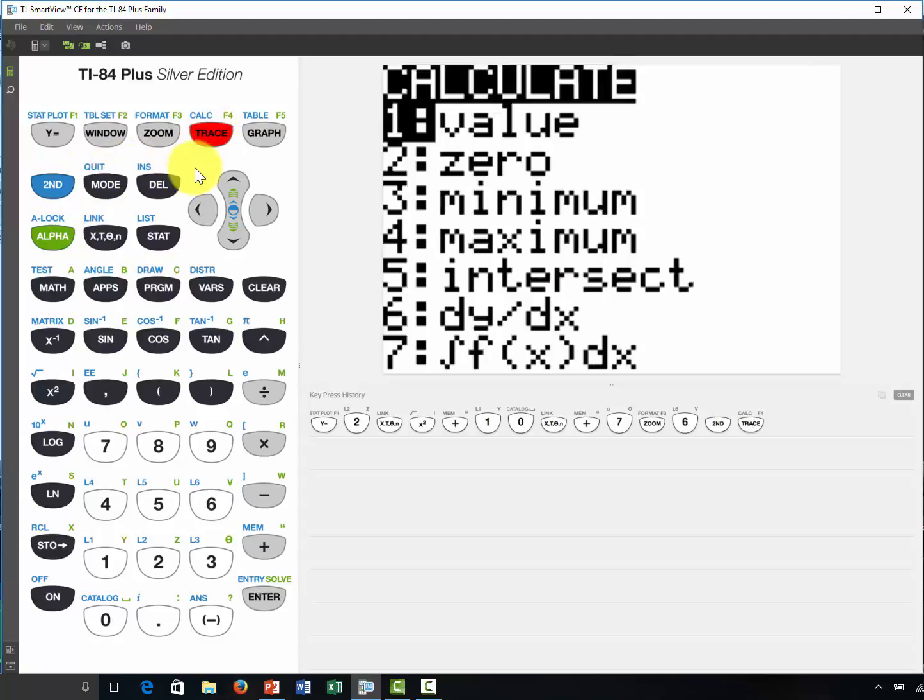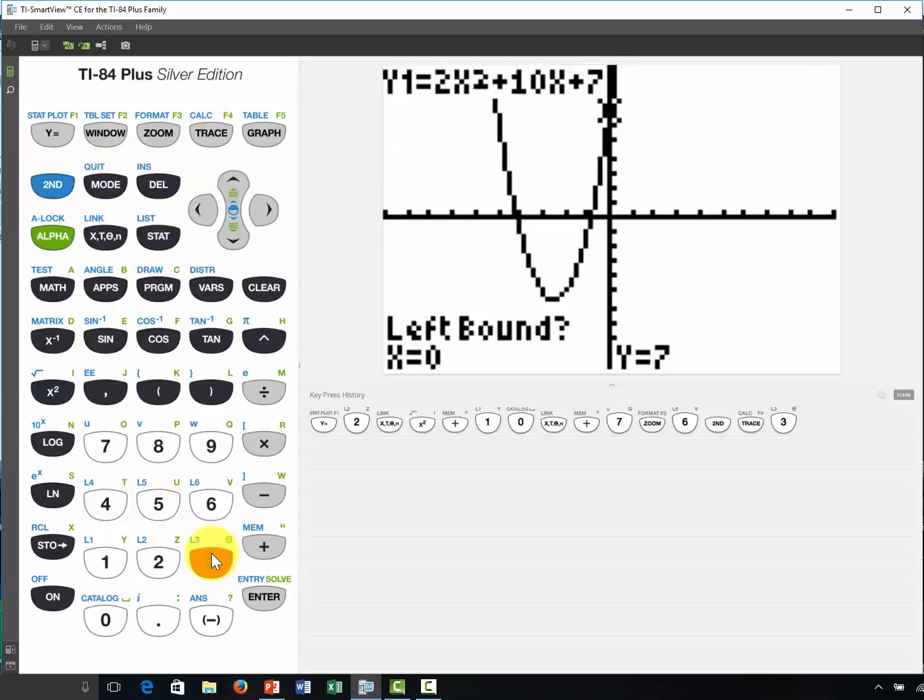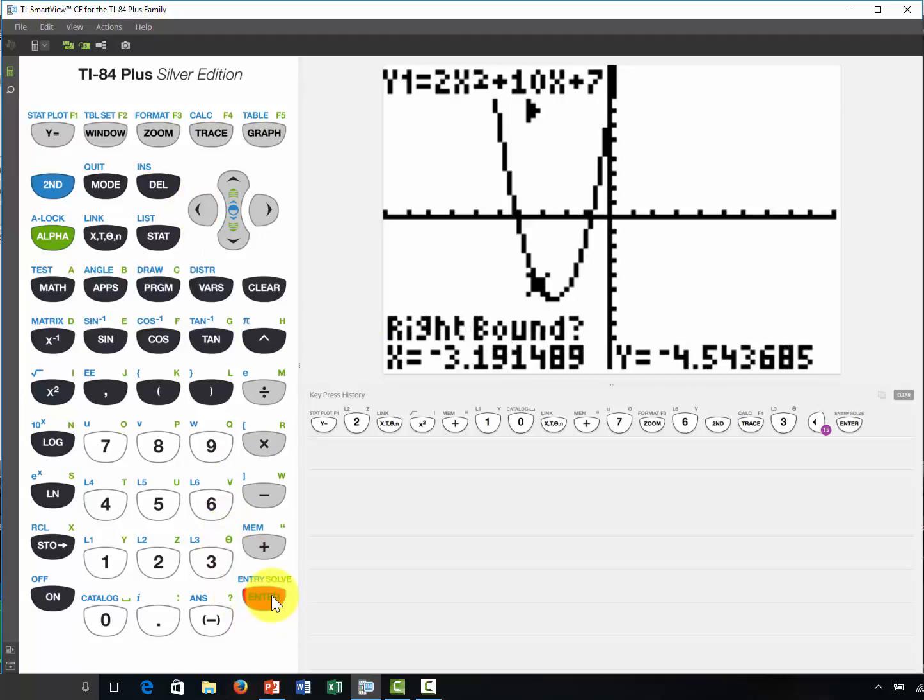So if I go second trace, number 3, it's wanting a left bound, so I'm going to go to the left of the spot that I think is a minimum, hit enter. It is wanting the right bound now, so I go to the right, hit enter, and again, here are my little triangles.